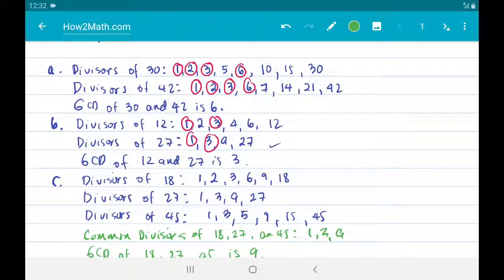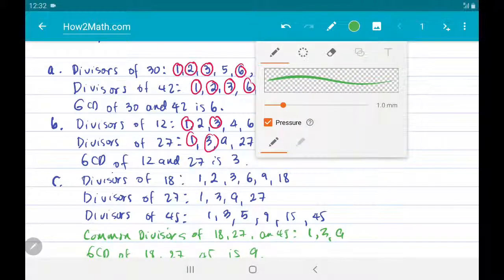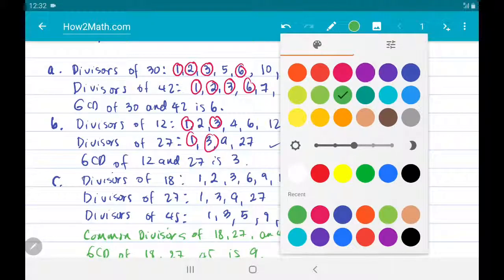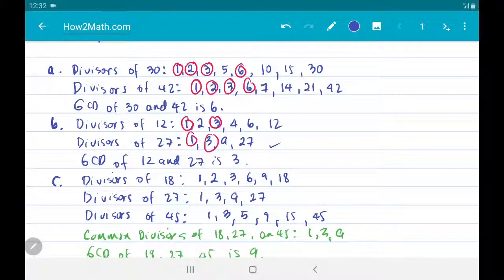So that's our note. Note 1. 1 is always a divisor of any whole number.